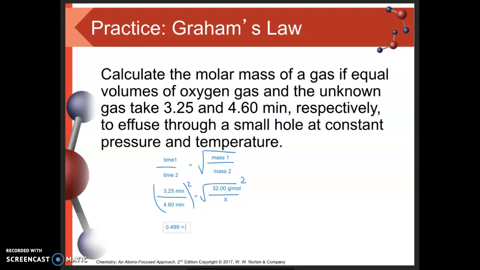Units of minutes cancel there, is equal to 32.00 grams per mole divided by x. Doing some last minute algebra, x is equal to 64.00 grams per mole. So that's how you can do some quantitative Graham's law kinds of problems.